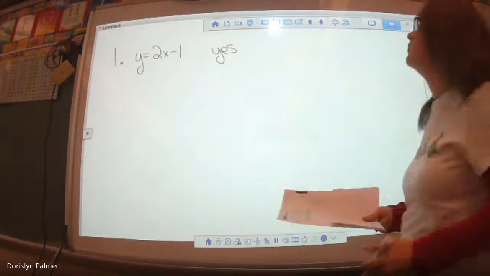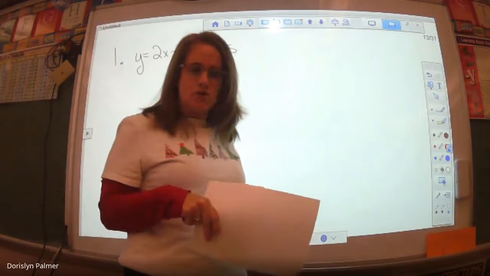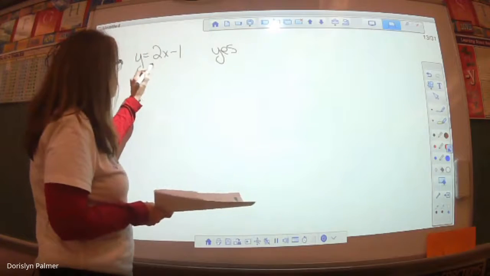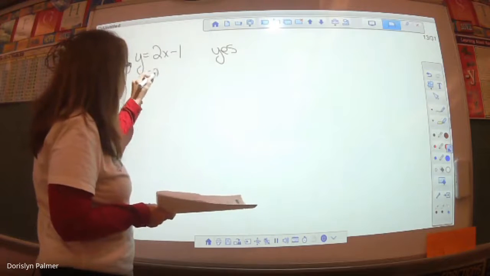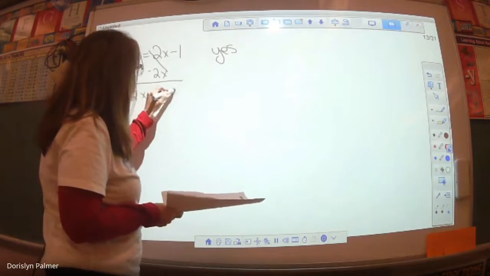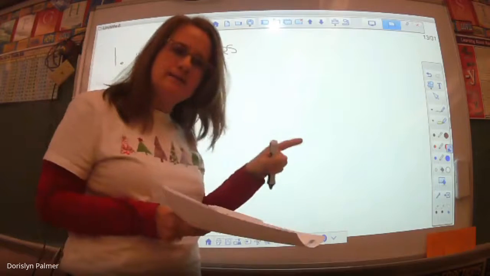And this was worth 3 points. That was 1 point. Standard form is when all your x's and y's are on the left and your constants are on the right. Okay, so I'm going to subtract 2x from both sides. So now I have negative 2x plus y equals negative 1. That was 1 point if you got there.